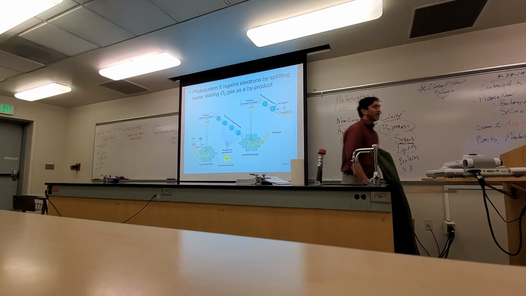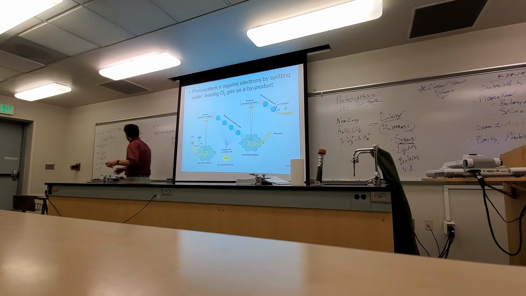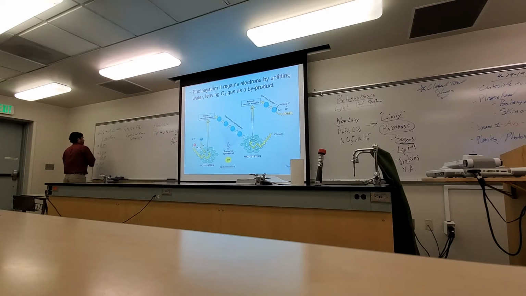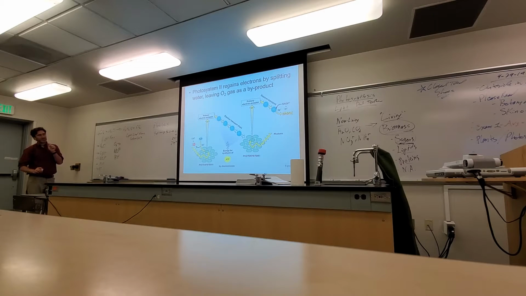Okay. But this is what goes into the light reaction, and then here's what comes out. We have our O2 comes out. We have our NADPH, our ATP, what am I forgetting? NADPH, ATP, O2.